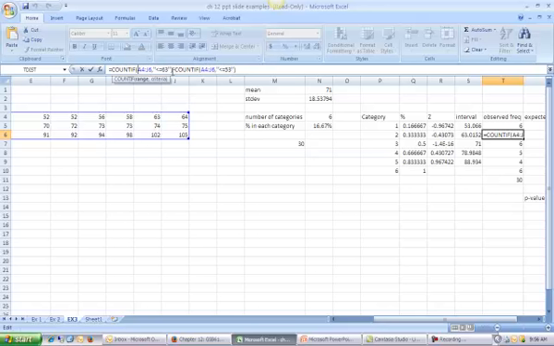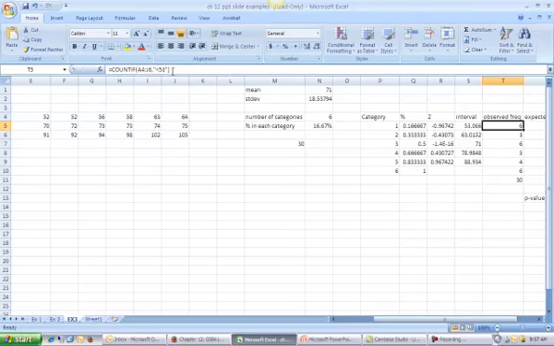Okay, so let me say that again. Make sure you're writing this down because this is going to be important. For your bottom value, it's count if it's less than or equal to your first interval value. So for category 1, count if it's less than or equal to your first interval value.